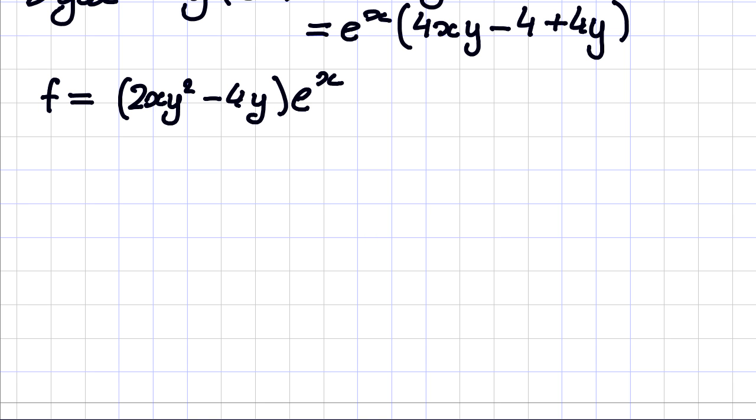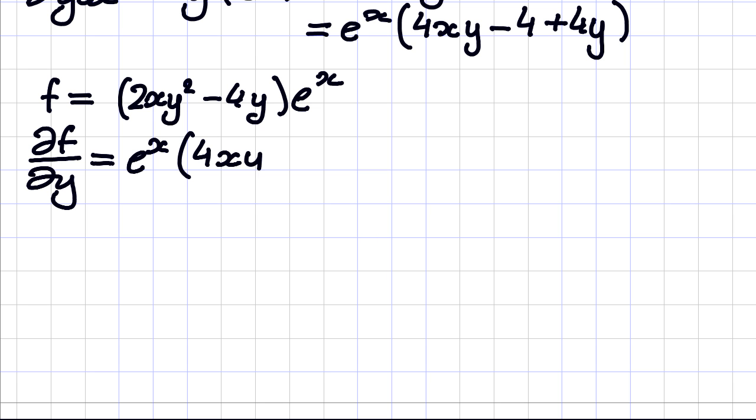So now when I take df dy, I don't need to worry about using the product rule, because I'm going to treat the second factor, e to the x, as a constant. E to the x just sits there, and I take the y derivative of the term in brackets. So that's 4xy minus 4.